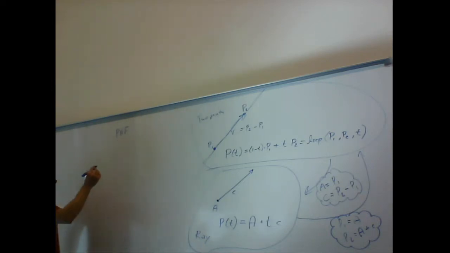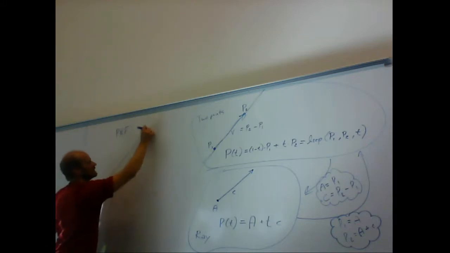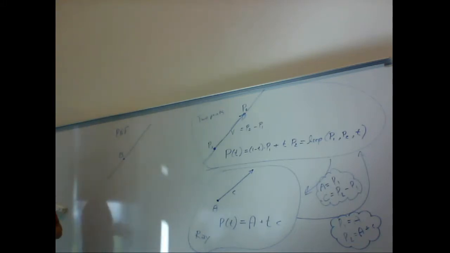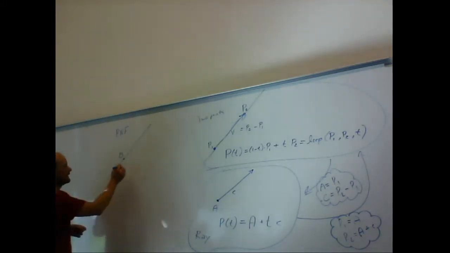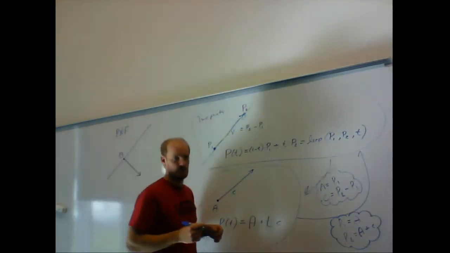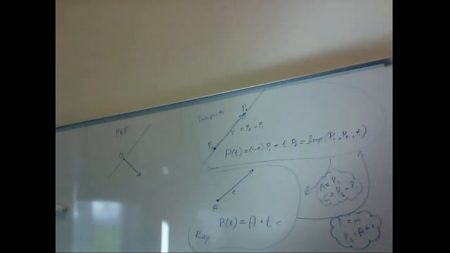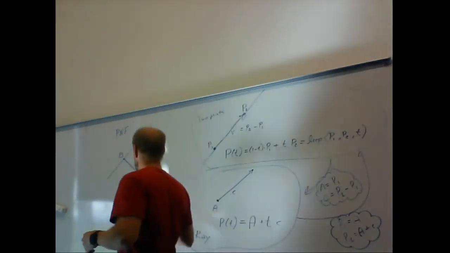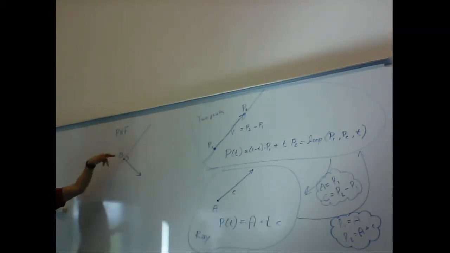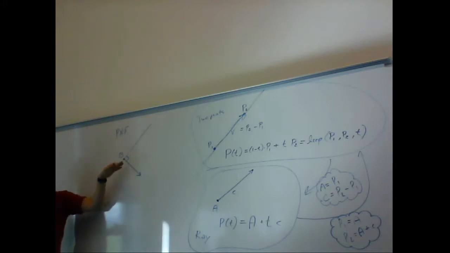Which means I want to represent this line by a point on the line, and here I'm going to call it B. And I want to represent it by a vector that's perpendicular to the line, sorry. Obviously nothing can be perpendicular to the point. So I have this line, I want to represent it with a point B and a vector that's perpendicular to the line.